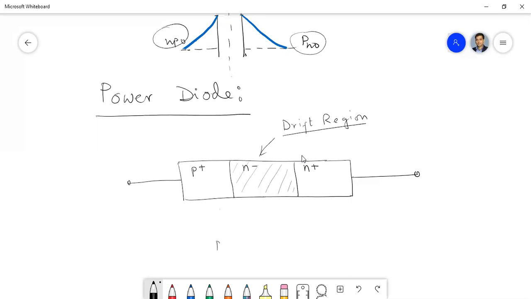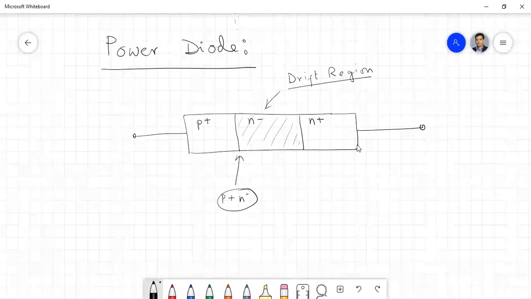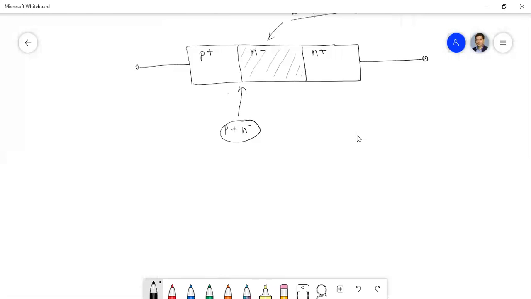So there is a junction called the P plus N minus junction that creates a depletion layer, and it is completely absorbed by this N minus layer. That is the main objective of providing this N minus layer between P plus and the N plus substrate. Now, as I told you, we get two advantages out of this. The first one is that the reverse breakdown voltage increases.